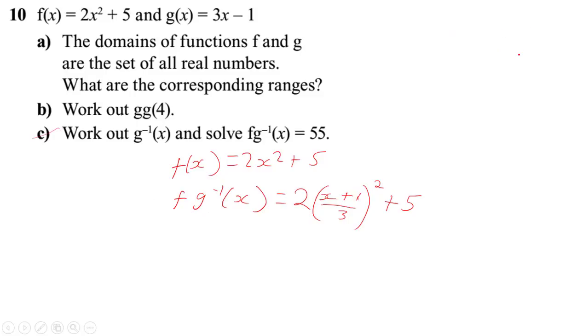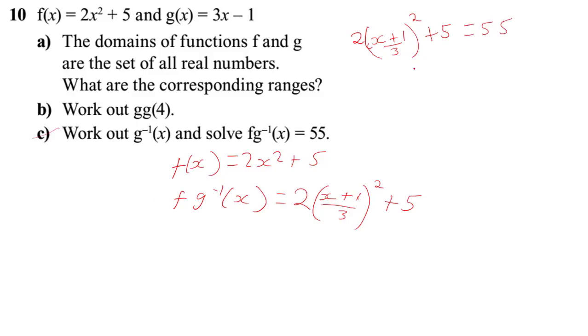So the whole of this equals 55. If I just use this space here at the top, it says 2 bracket x plus 1 all over 3, that bracket is the whole bracket, so just remember that, plus 5 equals 55.